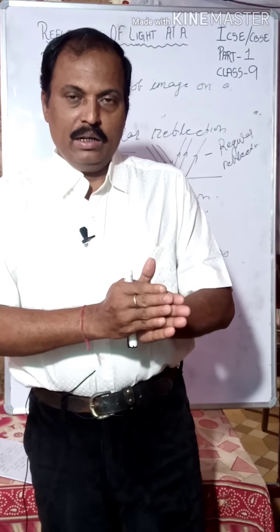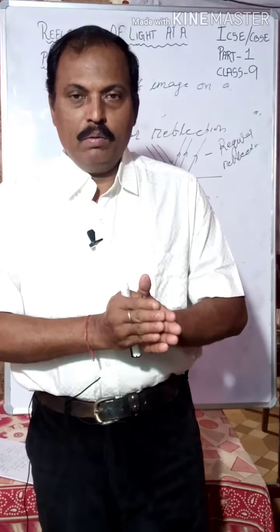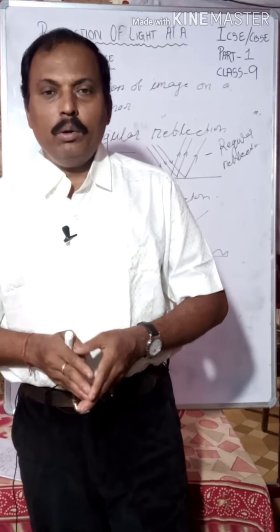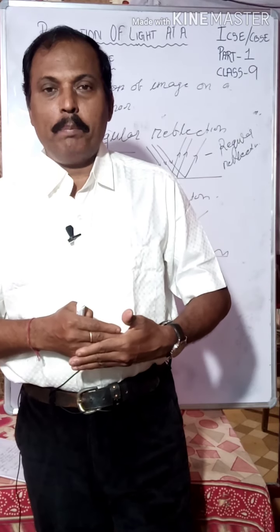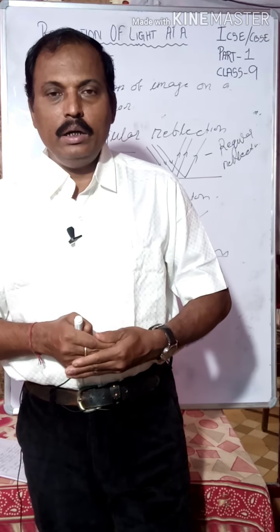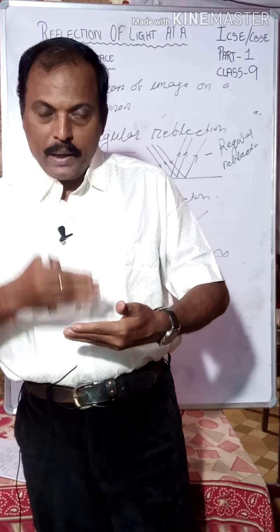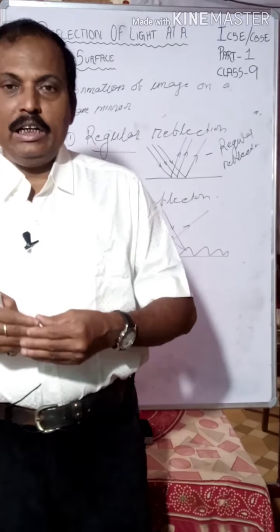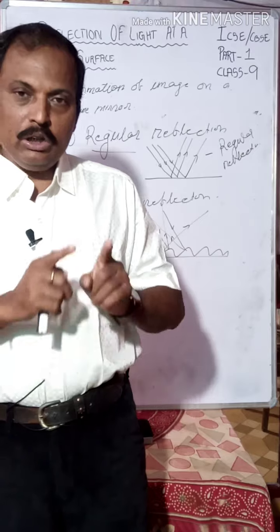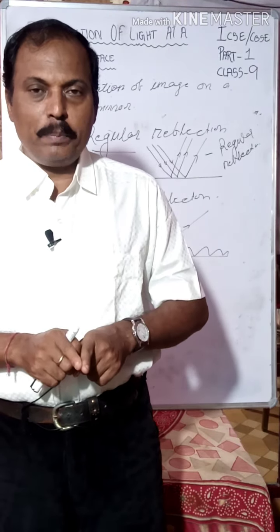So light rays come back after reflection, not in a particular direction. This type of reflection is called irregular reflection. When light comes back to that medium in a particular direction, that reflection is called regular reflection, which occurs on a plane or polished surface.